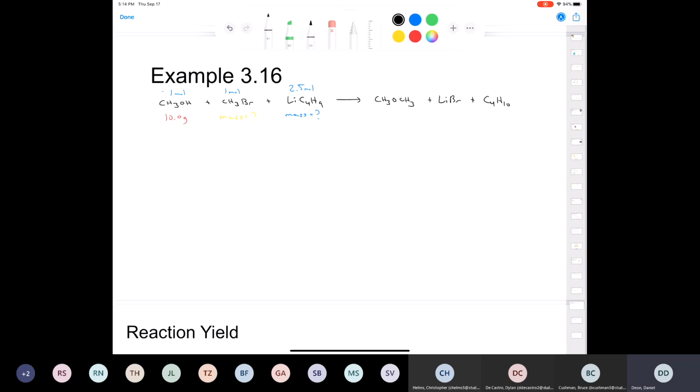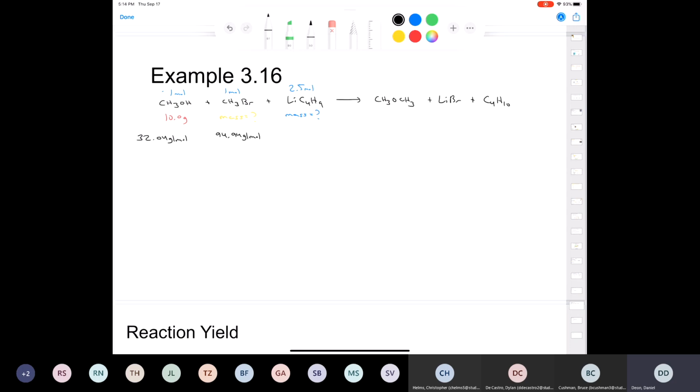So methanol's molar mass is 32.04 grams per mole. Methyl bromide's molar mass is 94.94 grams per mole.